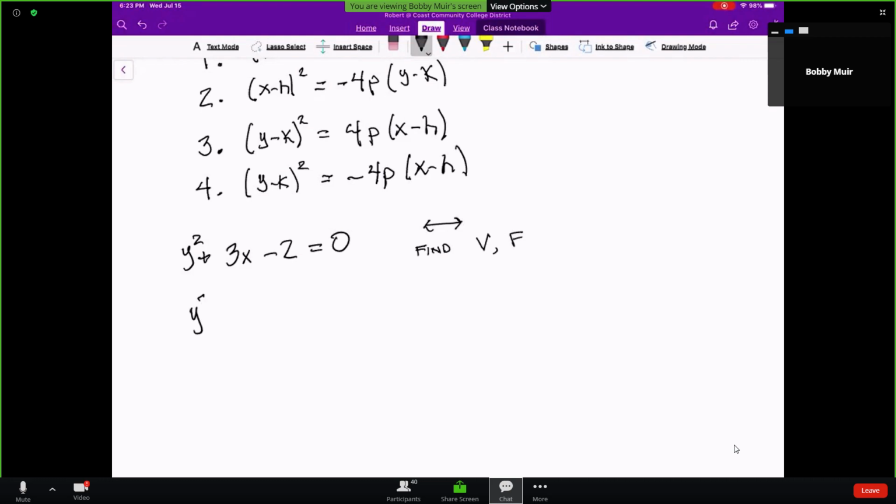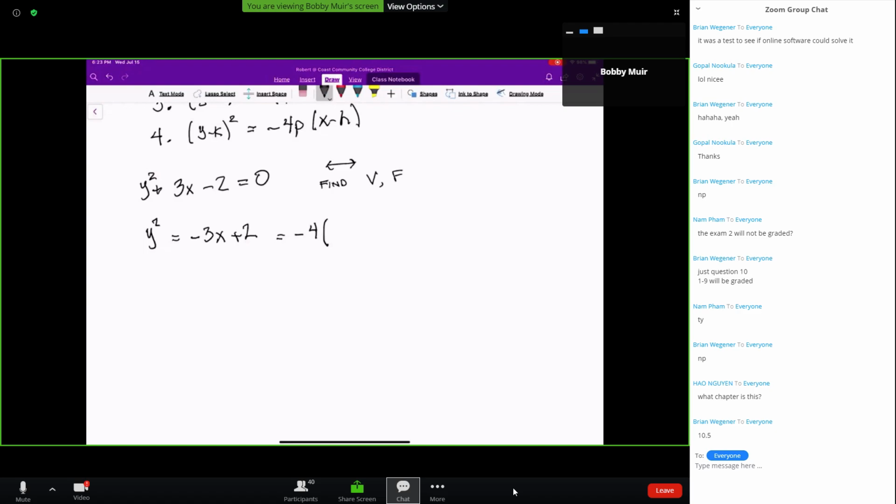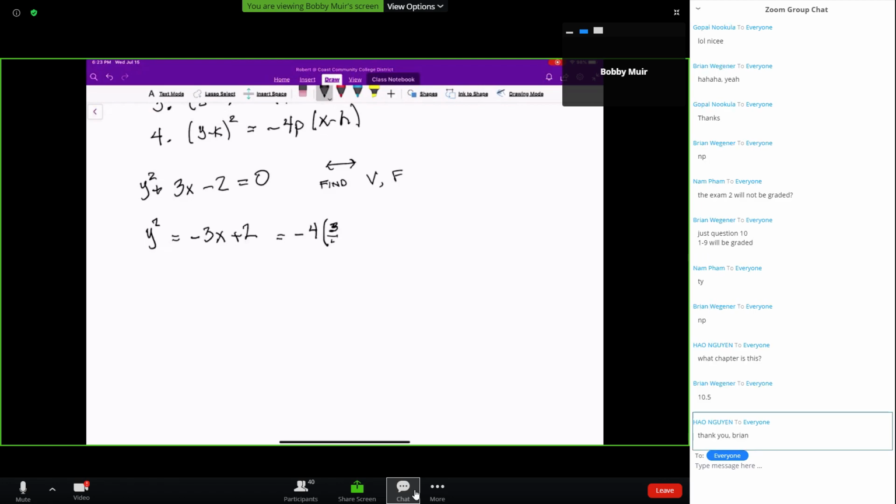When I move this to the other side of the equation, I'm going to get a negative 3x plus 2. Okay, so I need to factor a 4 out of that. So 4, then this would have to be 3 over 4 to get back to negative 3, right?